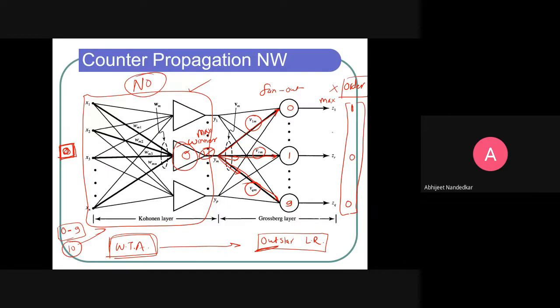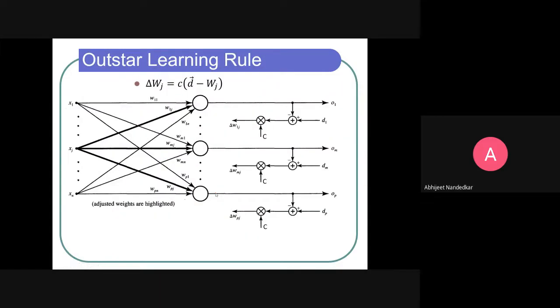Okay, and then based on this desired response, I update weights over here. So the rule to do this is change in weight. The Outstar learning rule is: change in weight is equal to some learning constant C times (desired response minus Wj).